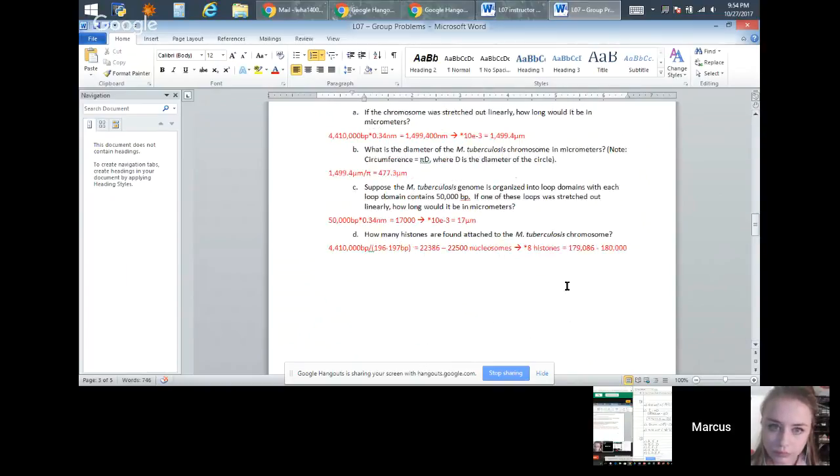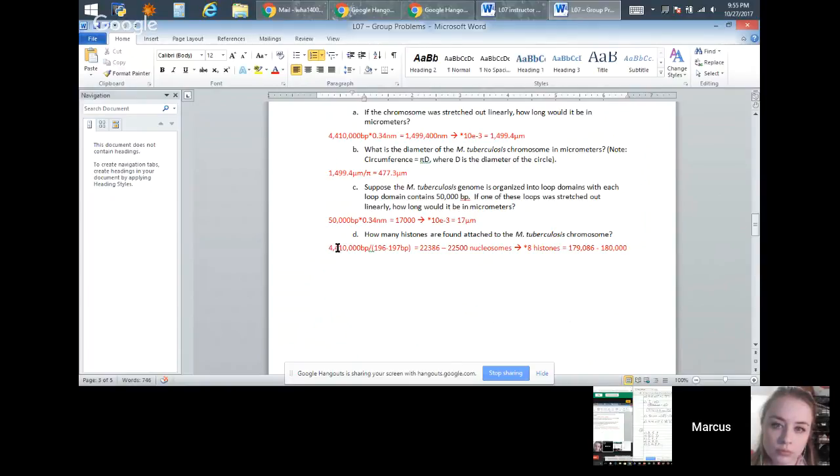Then in part C, we have suppose the tuberculosis genome is organized into loop domains, with each loop domain containing 50,000 base pairs. If one of these loops was stretched out nearly linearly, how long would it be in micrometers? And so we just take that number of base pairs per loop, times the length, and then do the math to bring it out to micrometers. It comes to 17. And then part D, how many histones are found attached to the tuberculosis chromosome?